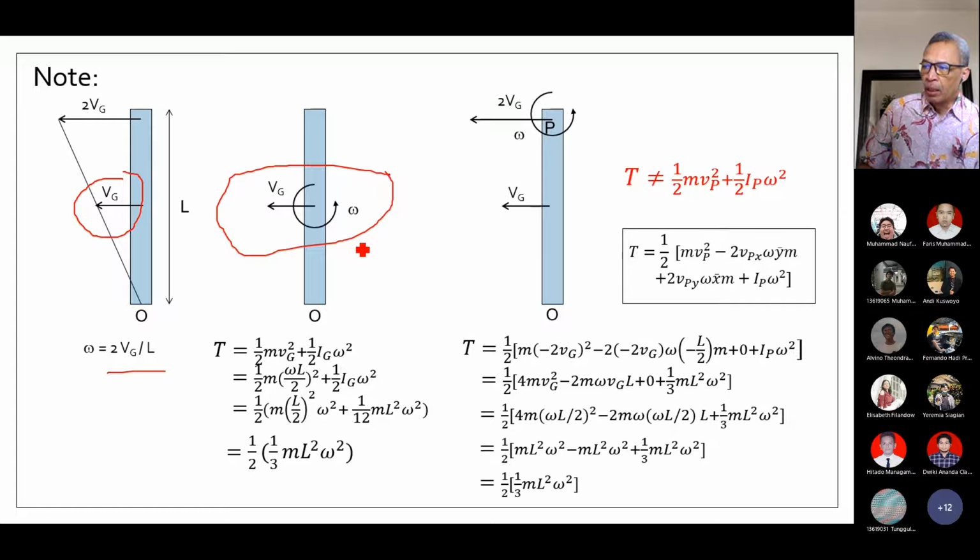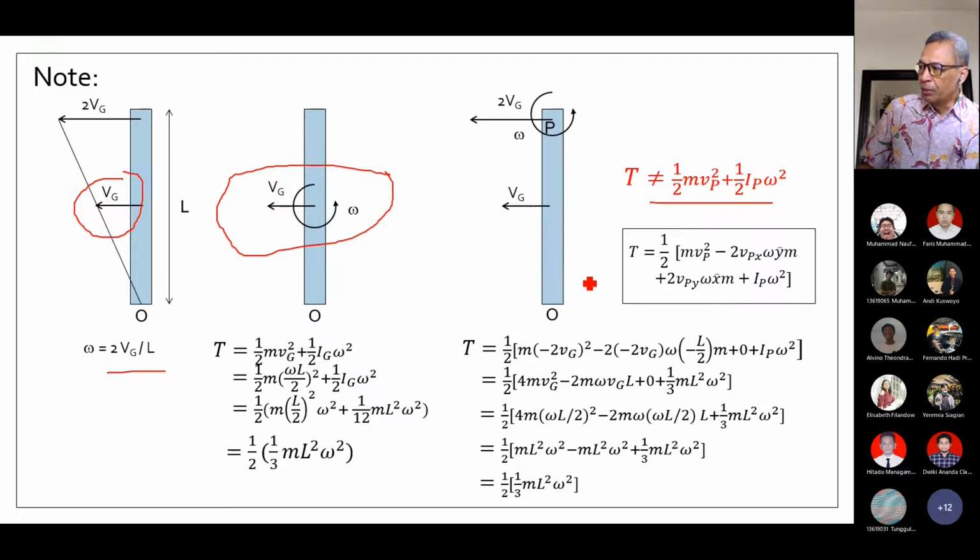However, if you want to represent the motion of this rigid body not by the velocity at G, but by the velocity at P at the upper end, the velocity is 2Vg here, and the angular velocity is the same, omega. Then if you use those velocities in the formulation of kinetic energy, don't use this equation. It is wrong.